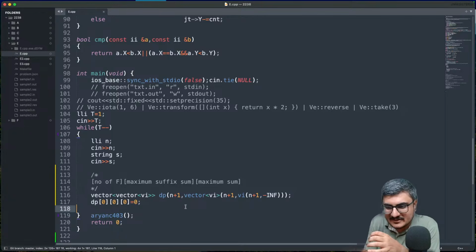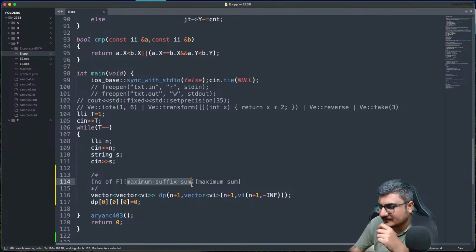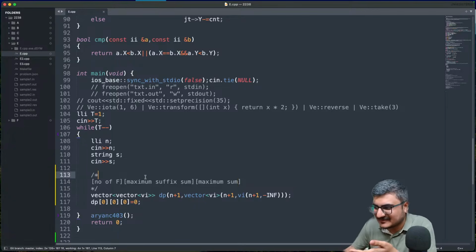Because if you just maintain current sum and maximum sum, one second. Like this is my current sum, this is my maximum sum, right? Current sum is what I'm calling a maximum suffix sum, nothing more.